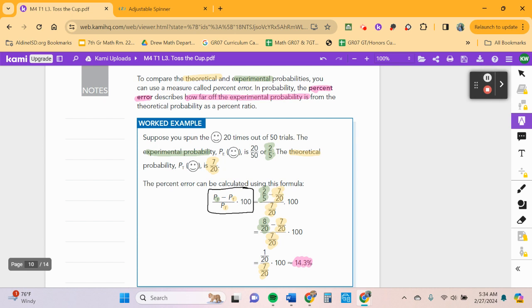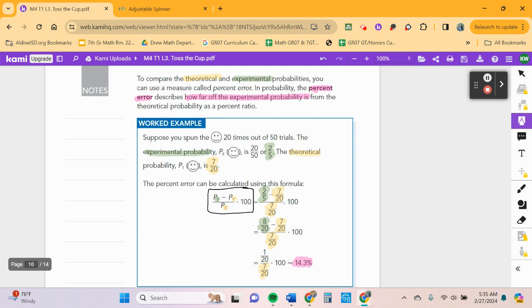You're subtracting what you actually spun, take away what you thought you would spin to find the difference, divided by what you thought you were going to spin to find that decimal error, and then we multiplied it by 100. Take a second to think, why did we multiply by 100?